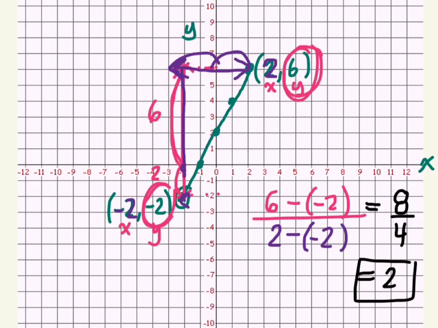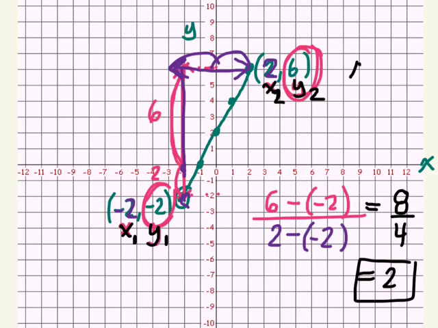So the formula is basically we're subtracting the y values. Well, I wouldn't write y take away y. I have to differentiate between the 2 coordinates. So I'm going to call this x1 and this y1. This is the first coordinate, and I'm going to call this x2, and that y2.